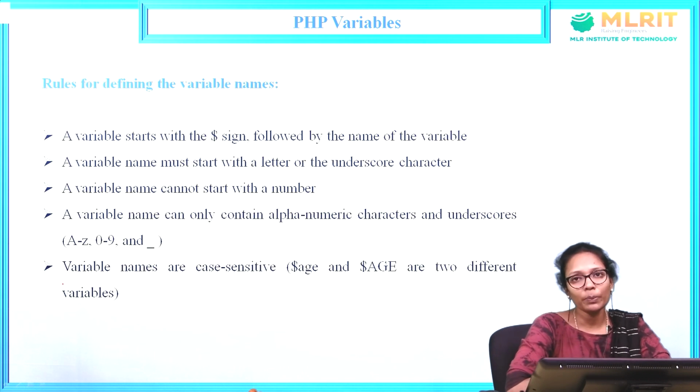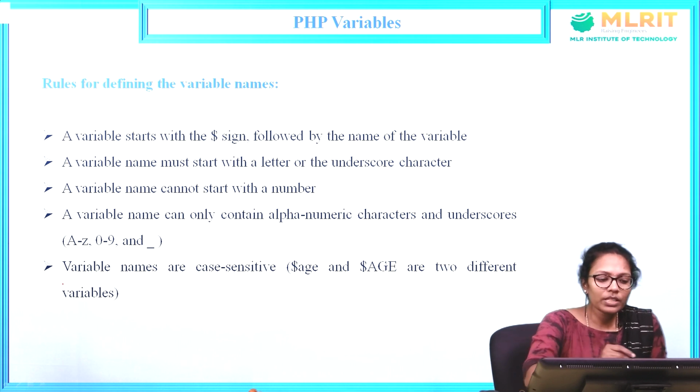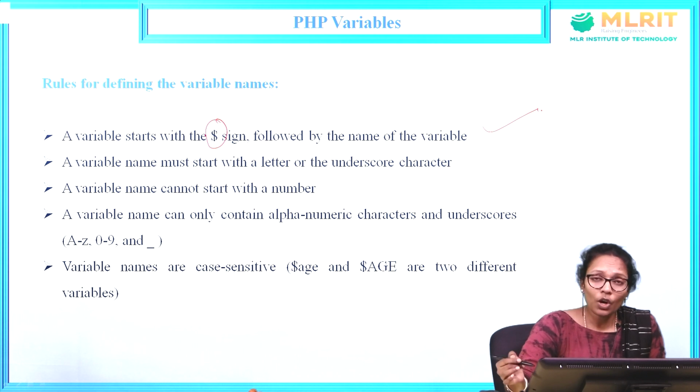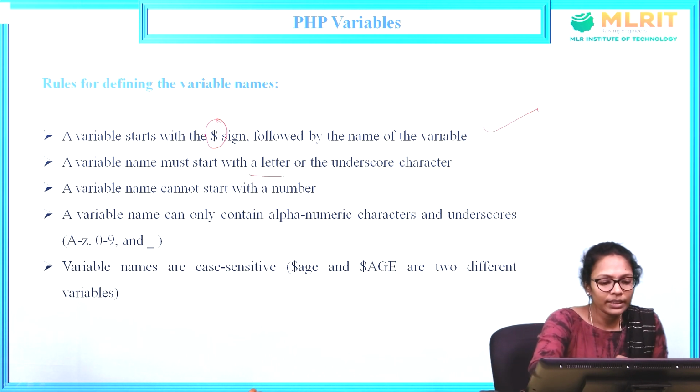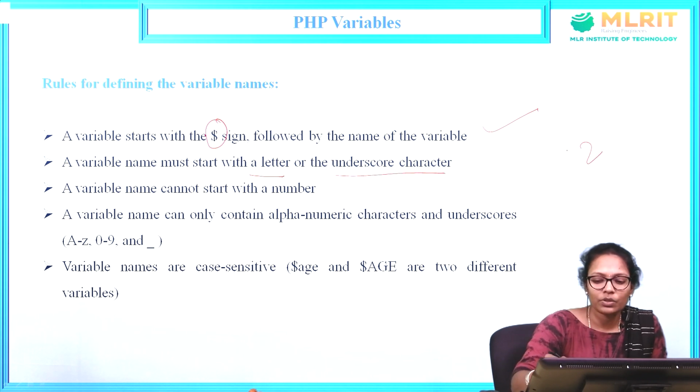And what are the rules? We know that all programming languages have rules to define a variable. The first letter should start with the symbol $. After $, the next letter may be a letter or an underscore, but you cannot use a digit. So $2 is not a valid variable name.